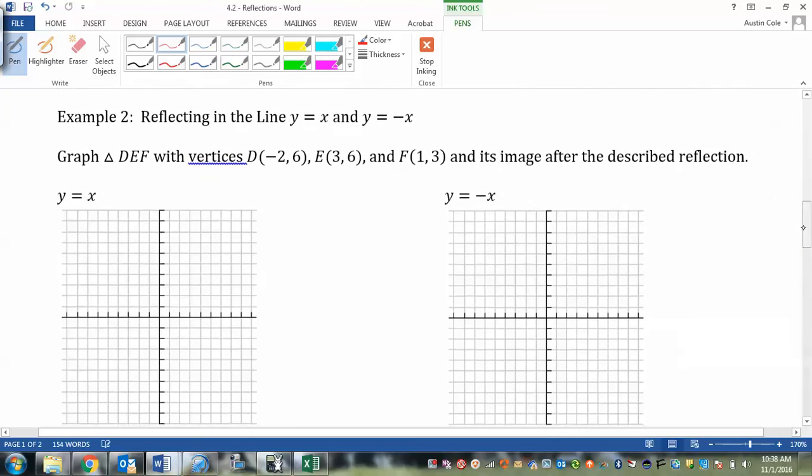Alrighty, here we go. It says we've got triangle DEF with those points. So let's go ahead and plot those, please. -2, 1, 2, 3, 4, 6. And actually, guys, why don't you do this on both graphs right now and just get it over with.